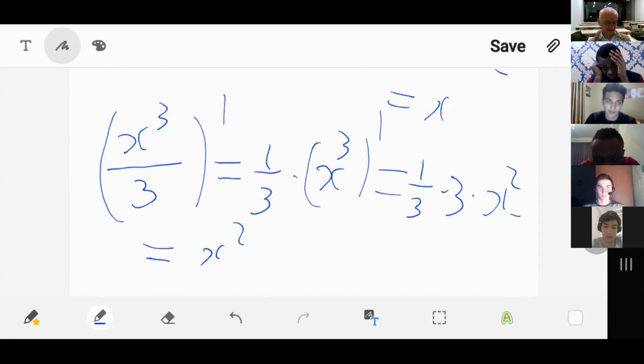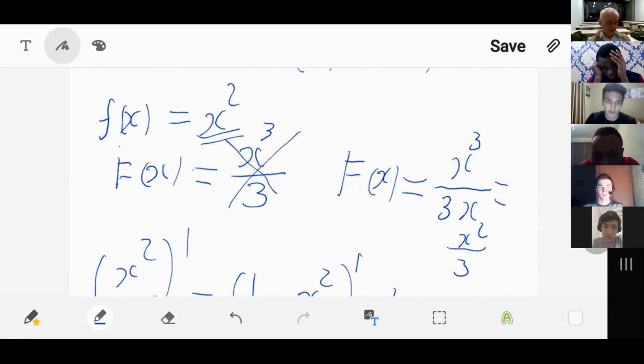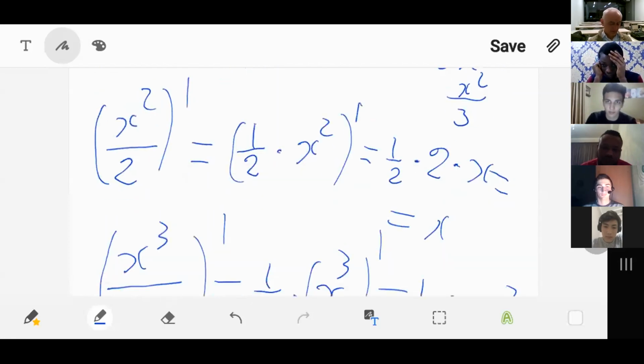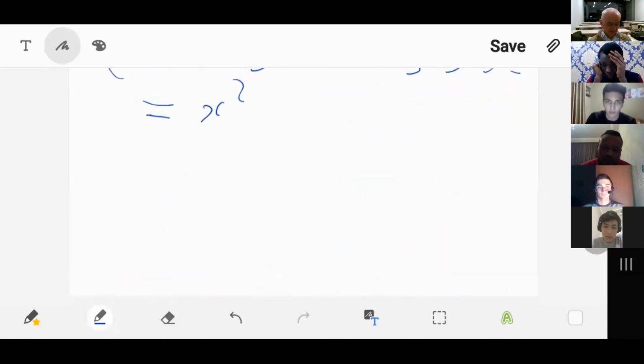Why not? Raymond, it's correct because we need a function such that the derivative of this function must be x squared. And we got it. So now we know the antiderivative of x squared.